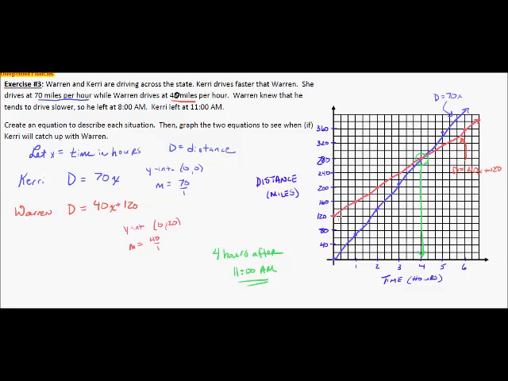The graph would be a little different. It would come out to later, but it would be a little different if we said time 0 here was going to be 8 a.m. Alright, our equations would be a little different. So time 0 is 11 a.m. Okay, so there's the answer.